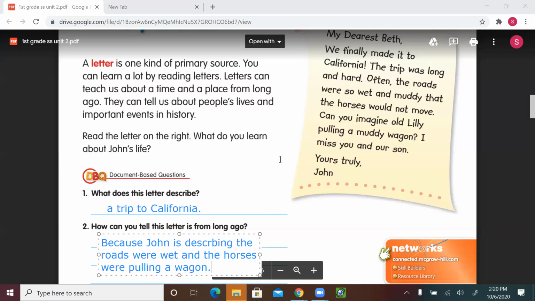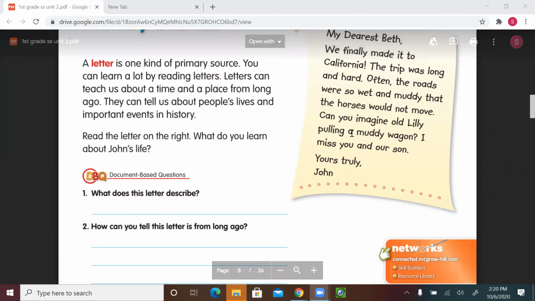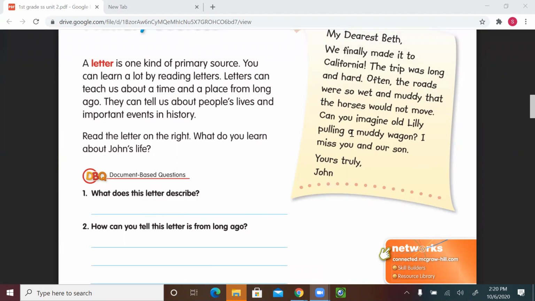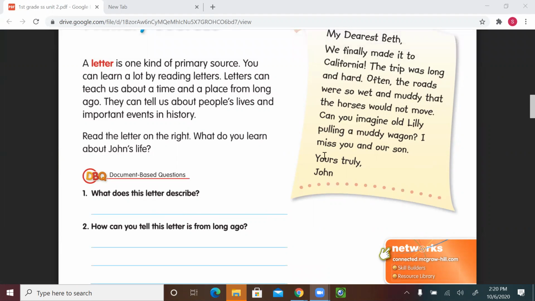So how do we know this? From just reading the letter. From the way they describe it, I can tell the roads are wet and muddy, or even the kind of transportation they were using was very old.